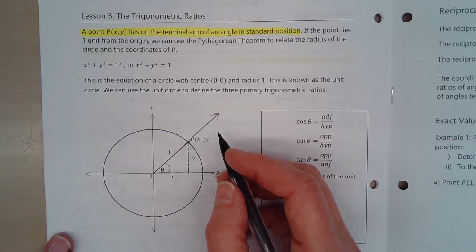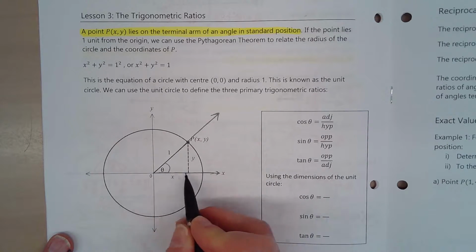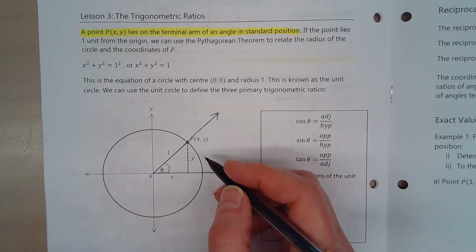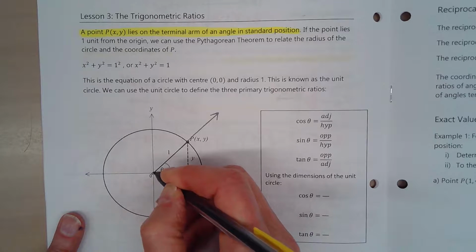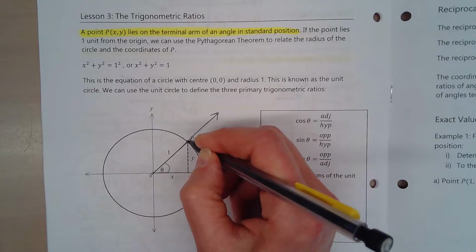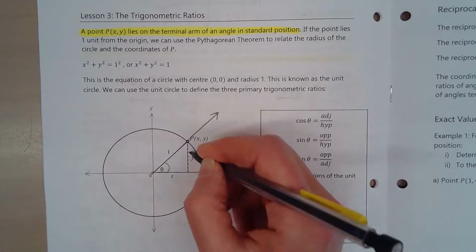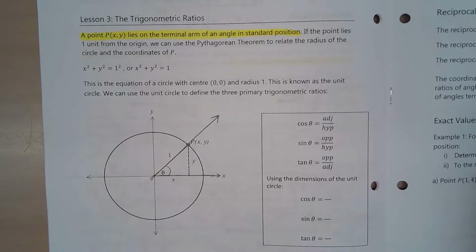This is called the unit circle, and a unit circle has a radius of 1. But let's just say we've got a perfect circle drawn. The center is at the origin, and I picked a point P that lies at the intersection of the circle and the terminal arm of the angle. So P lies on both of those things.